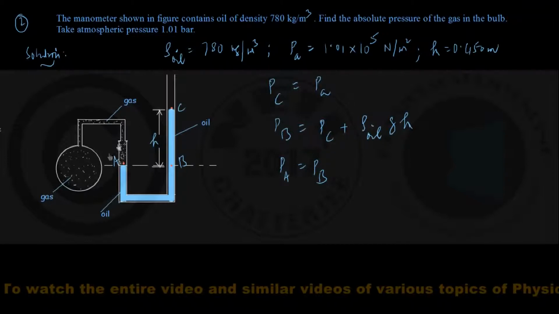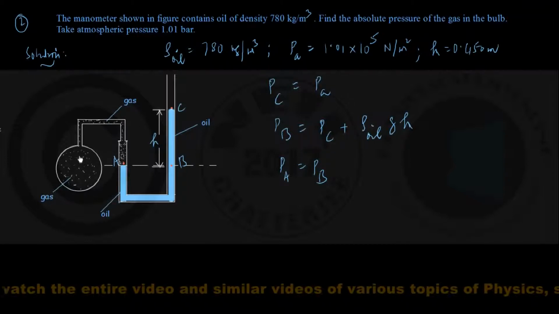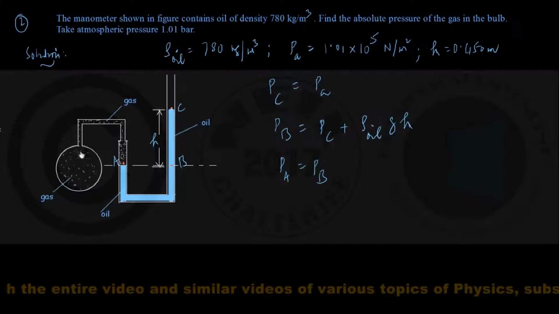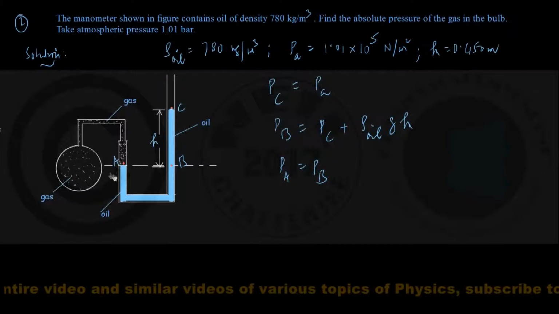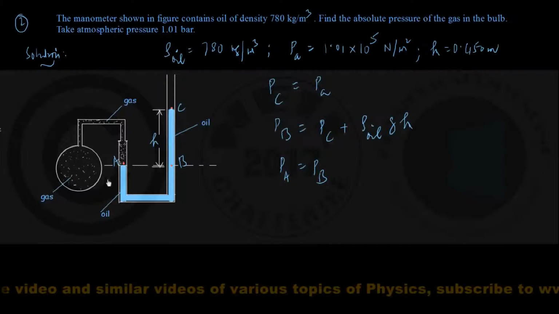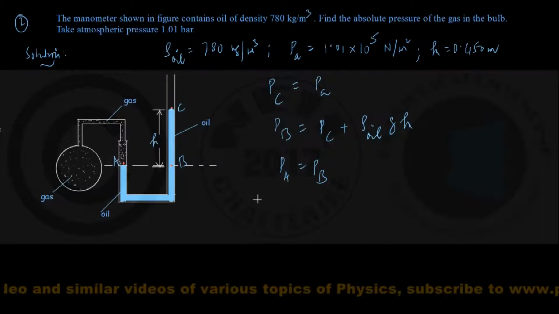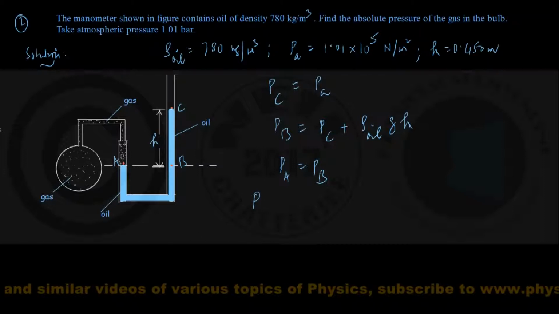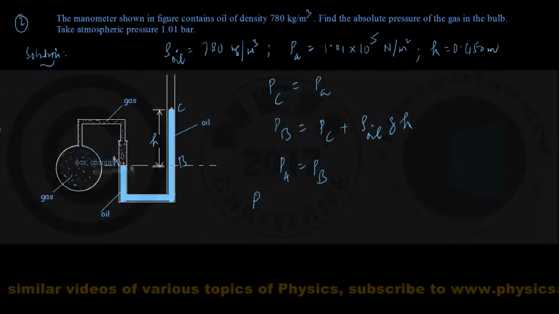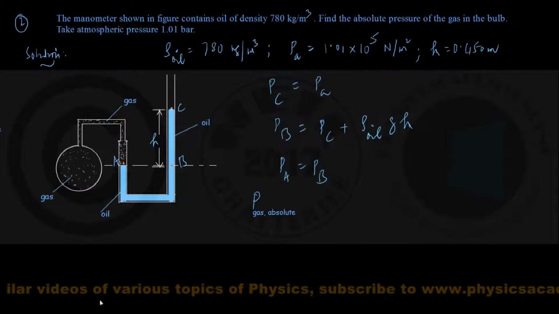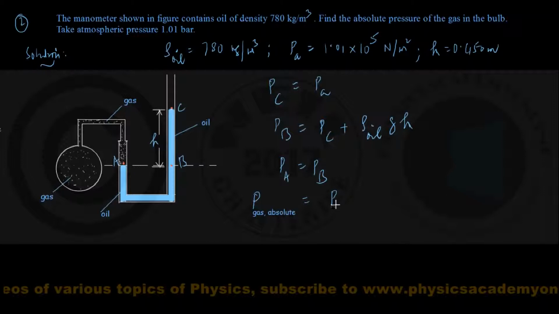Therefore, we might argue that for the gas at any point inside the vessel, pressure is the same as the pressure at the point A. Therefore, I can write down that the pressure of the gas, remember this is absolute pressure of the gas inside the vessel, that equal to pressure at the point A only.